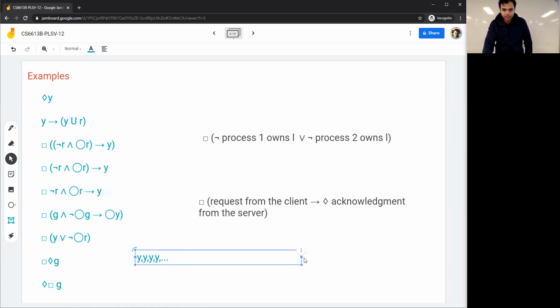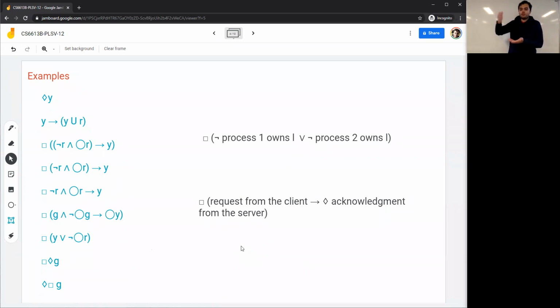So always eventually green means that at every point in time, there is a point that comes later in time that is green. So this is the same as saying that we see green infinitely many times.